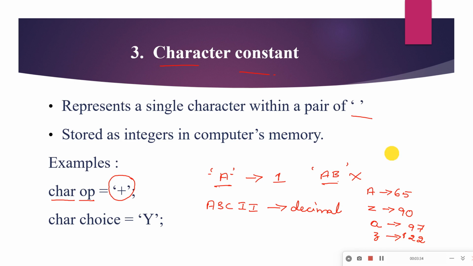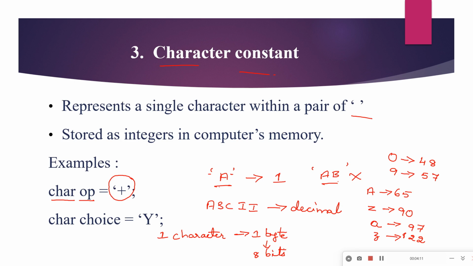Then the digit 0 is not 0 in ASCII value, it is equivalent to 48, and digit 9 is equivalent to ASCII value 57. Okay, and this is a single character, right? So one character can store 1 byte of memory, and 1 byte is equivalent to 8 bits, right? Is it clear? So this is what we call character constant.